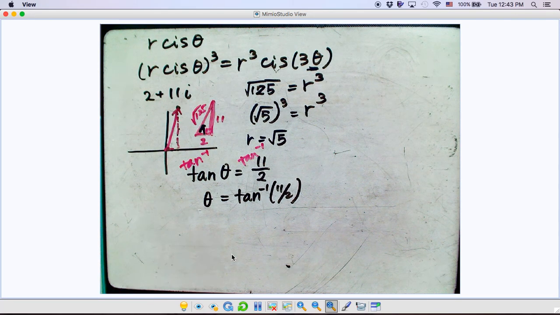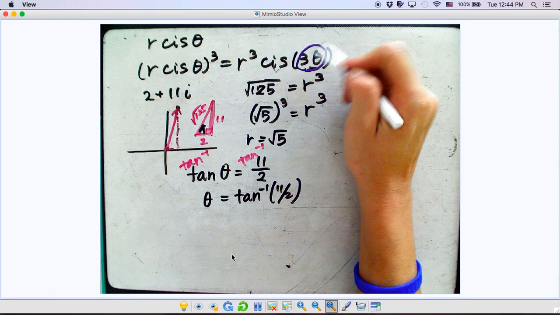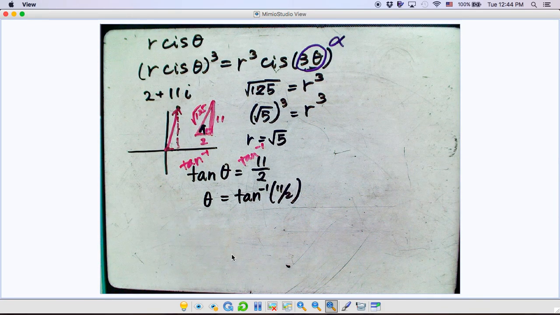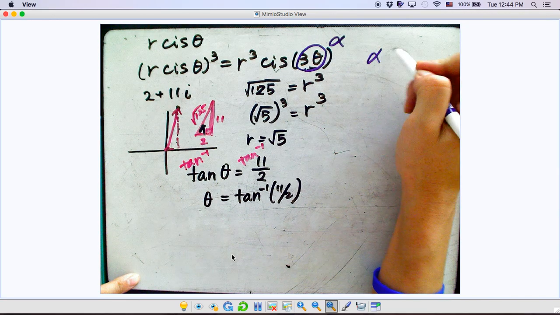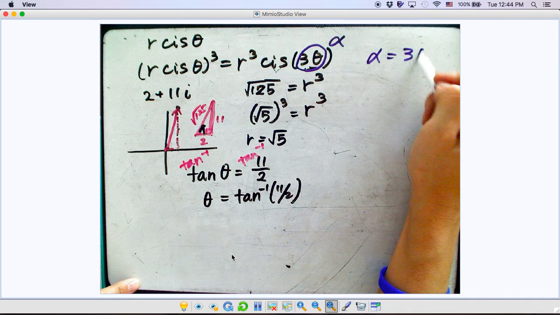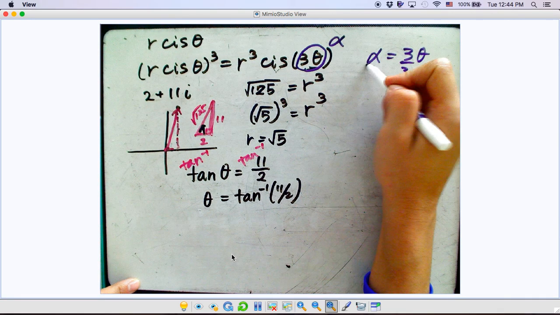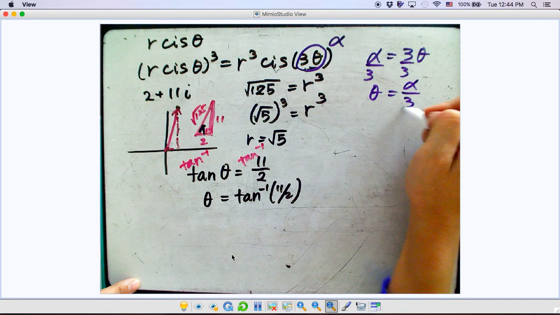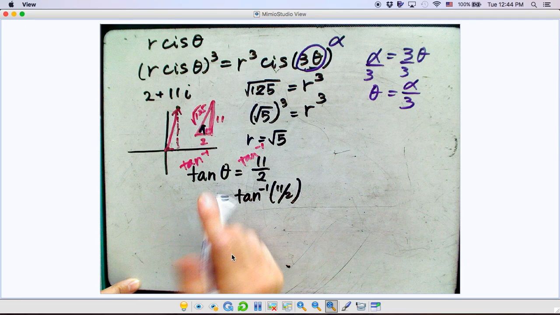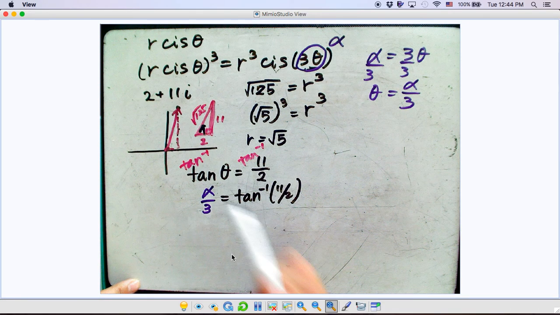Okay? So let's say the angle of the CIS is alpha, right? Alpha equals 3 theta. So that means we're going to have to divide by 3, because alpha equals 3 theta, and if you divide it by 3, we'll know theta is going to be alpha over 3.